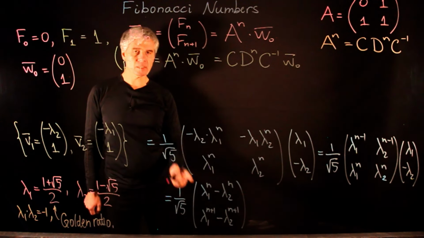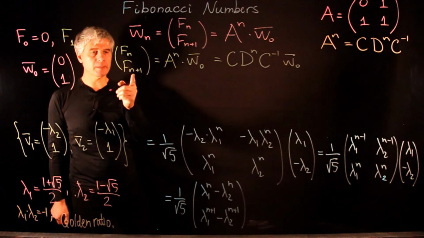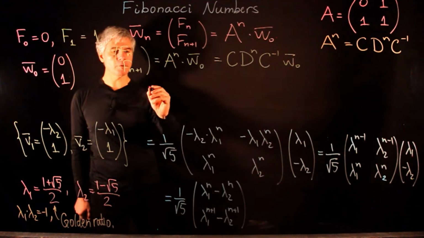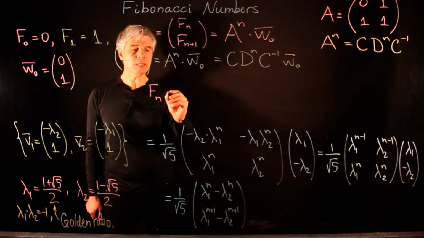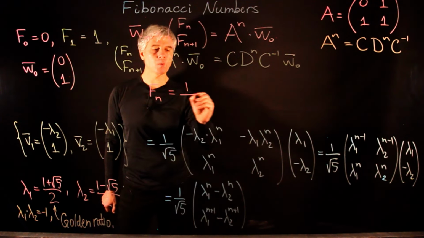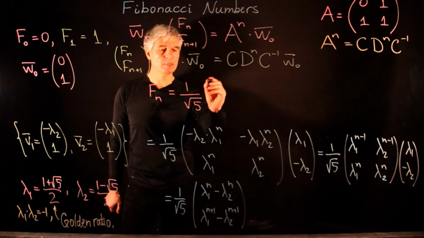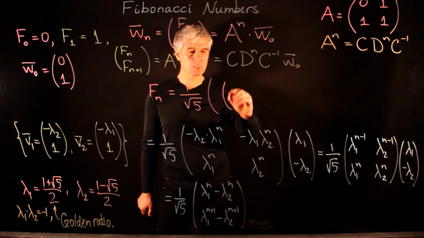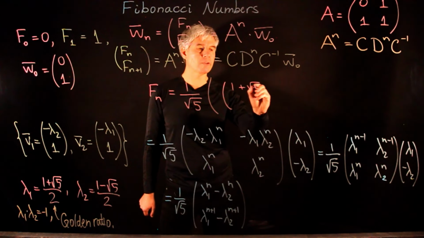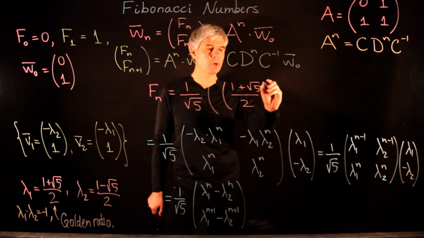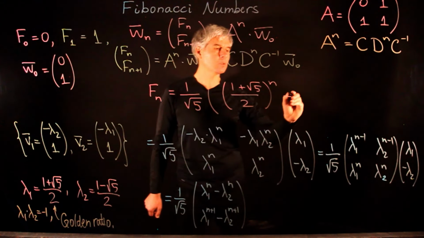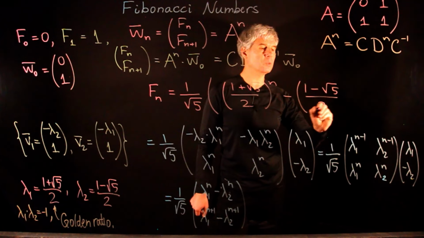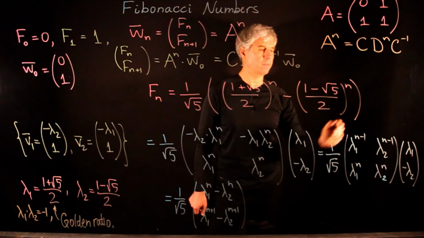And since this is equal to the column vector F(n+1), by extracting the first component, we get a formula for the nth Fibonacci number. Fn is equal to 1 over square root of 5 times lambda 1 to the power n, which is 1 plus square root of 5 over 2 to the power n, minus lambda 2 to the power n, which is 1 minus square root of 5 over 2 to the power n.